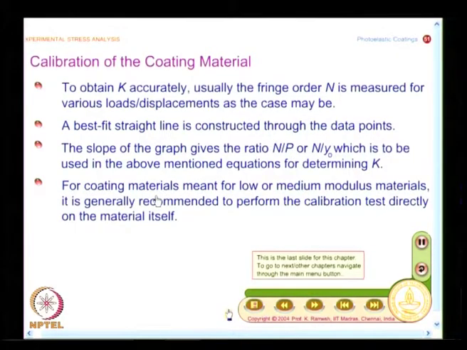For coating materials meant for low or medium modulus materials, it is generally recommended to perform the calibration test directly on the material itself. So, what you do is you essentially take a tension specimen and perform the test and get the value of f sigma. From f sigma, go and find out f epsilon and finally determine k.